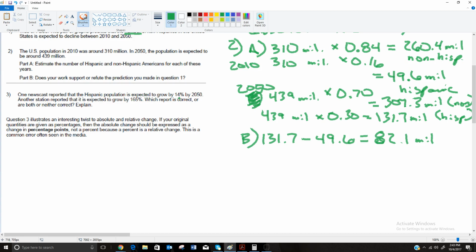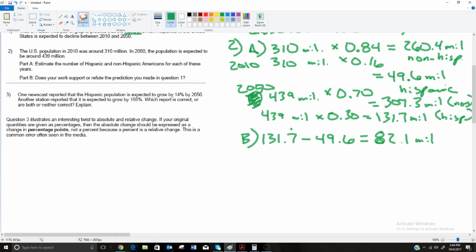You can either say that the Hispanic population is expected to grow in proportion by 14%. It's supposed to gain 14% total proportion of the population. But if you want to say how much the population is actually expected to grow, this is the more accurate. And how they're doing this is they're doing it with relative change.